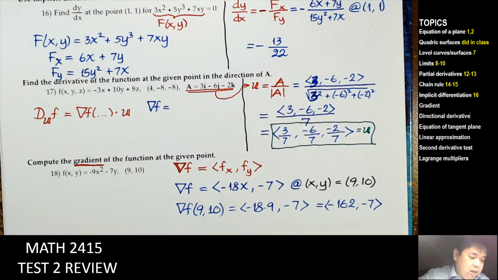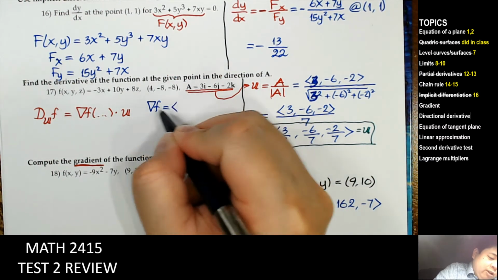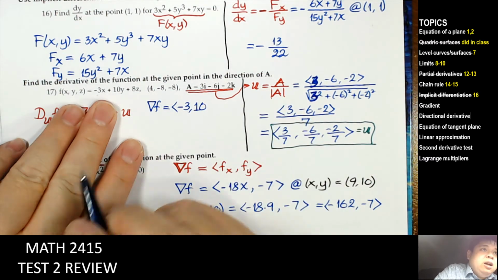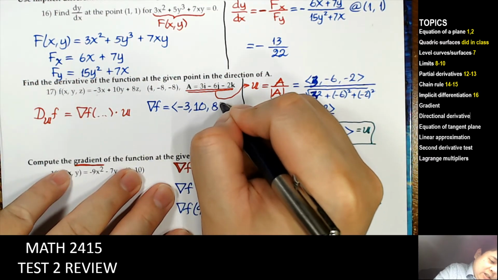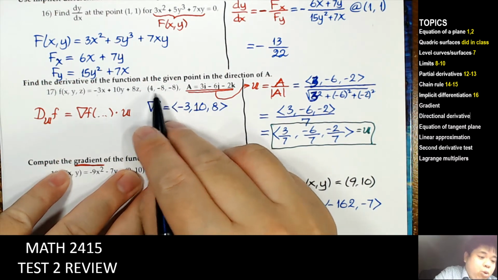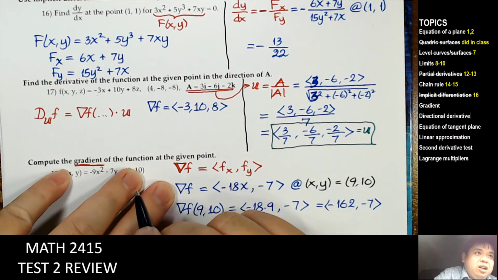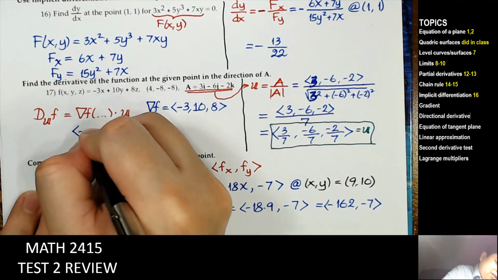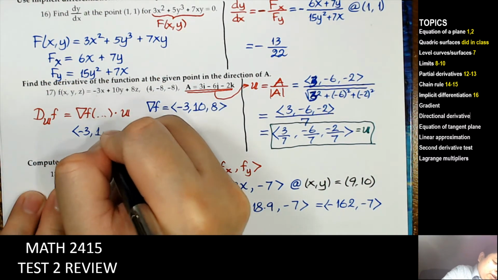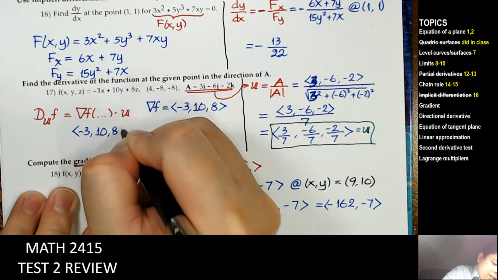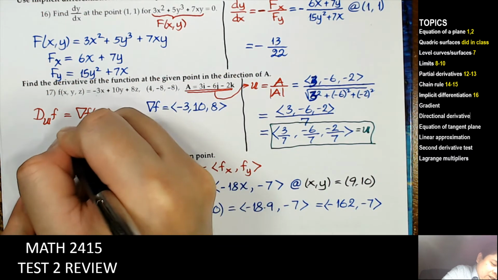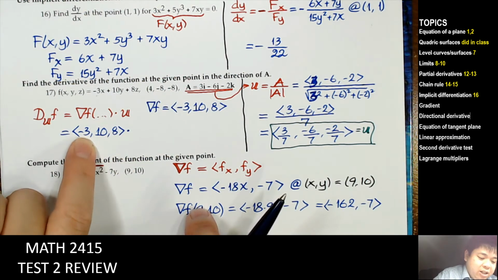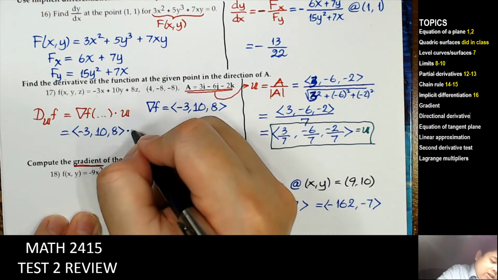Now we find the gradient, the partial derivatives of the function: -3, 10, and 8. We don't really need to put in the point because there's no x, y, z here. So we take that vector for the gradient, evaluate at the point, and then dot that with vector u.